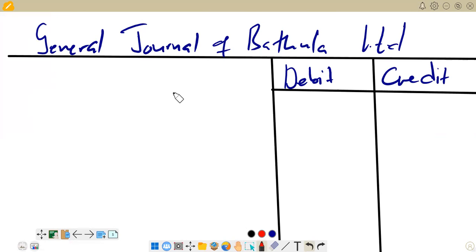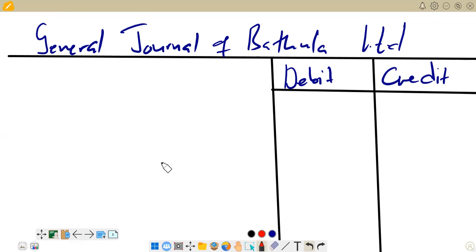We've got the general journal of Batumi Limited, and we've got the debit column and credit column. We are just going to summarize the double entry here, giving a narration on the double entry that we've written on top.